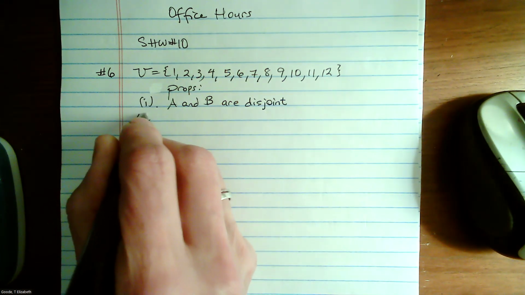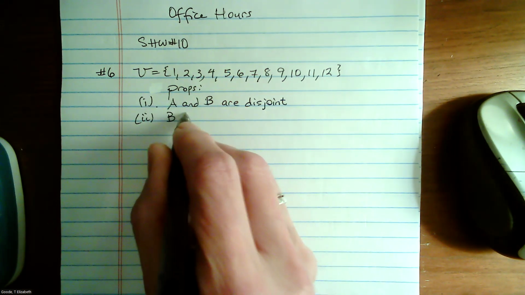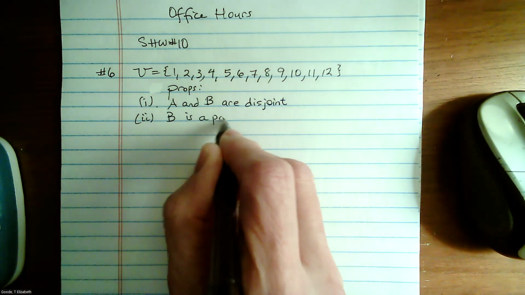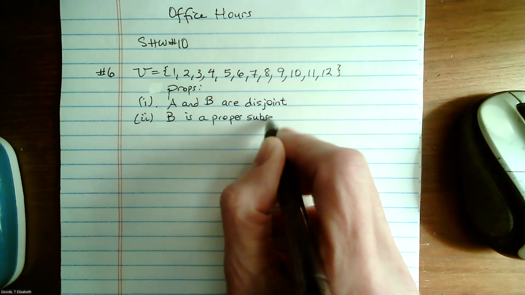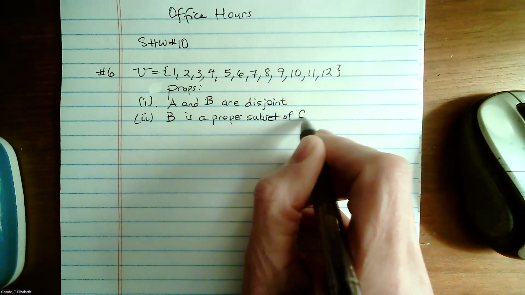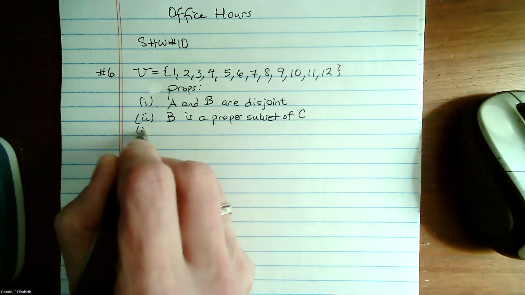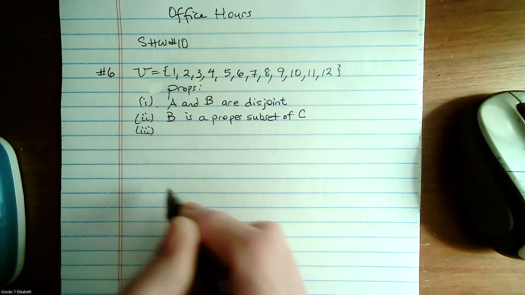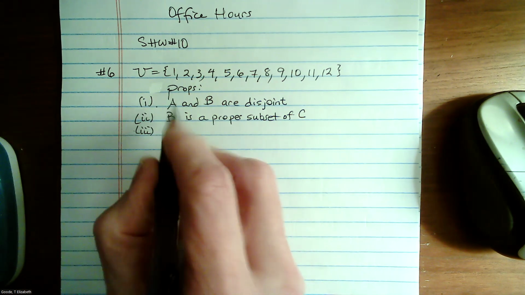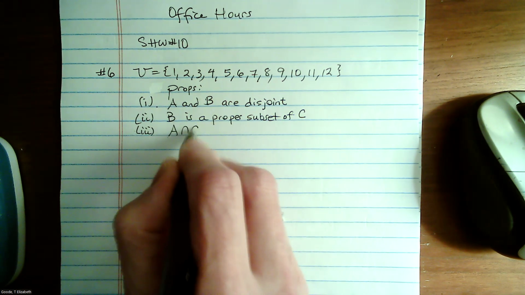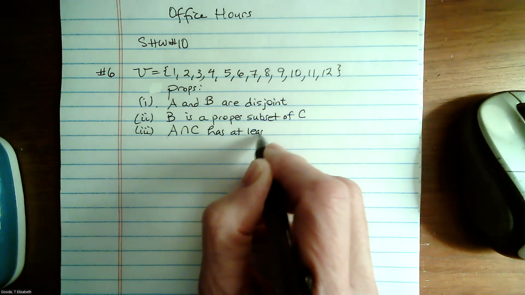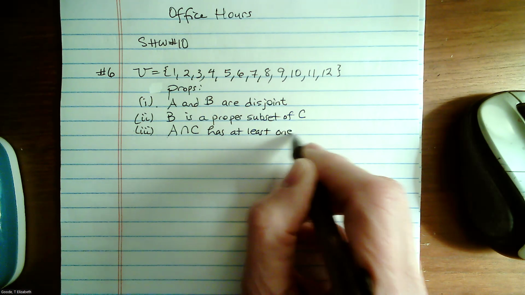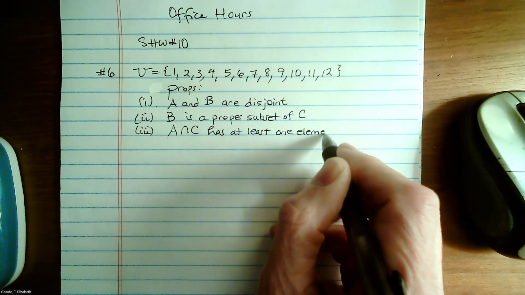B is a proper subset of C. Okay, so you need to know the definitions of proper subset and disjoint. And you know what disjoint is. And A intersect C has at least one element. Okay, so they're not going to be disjoint.